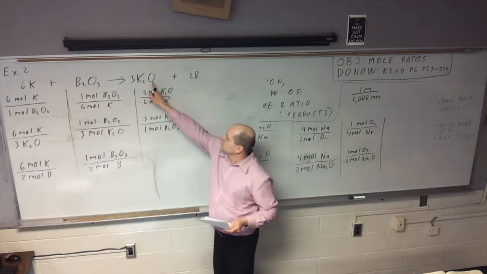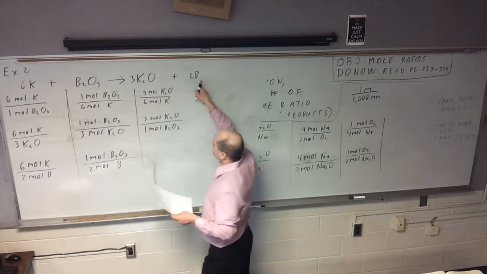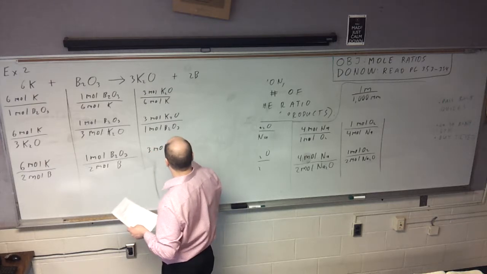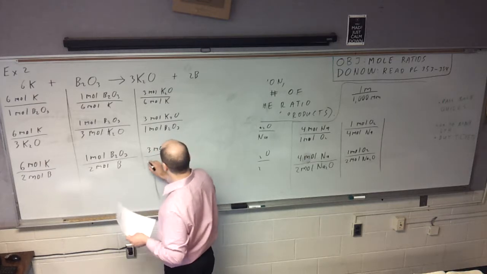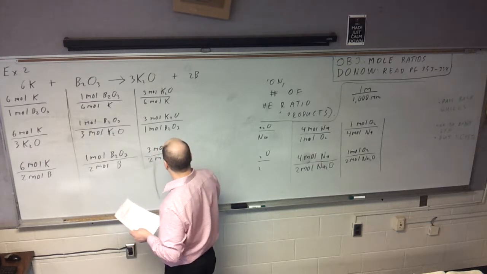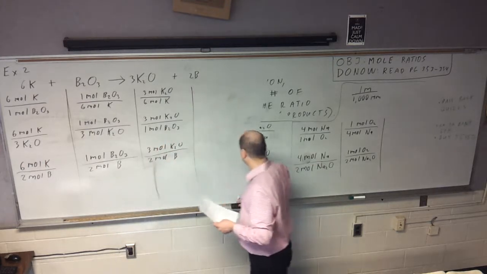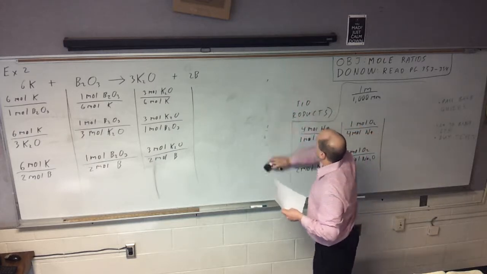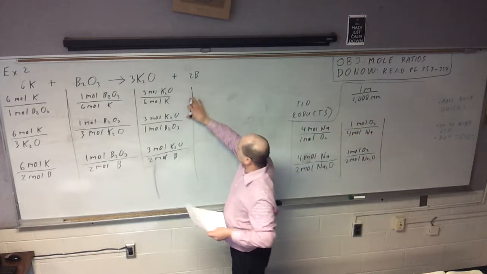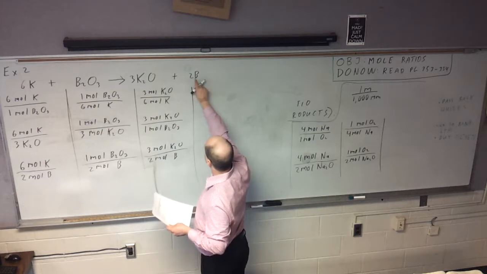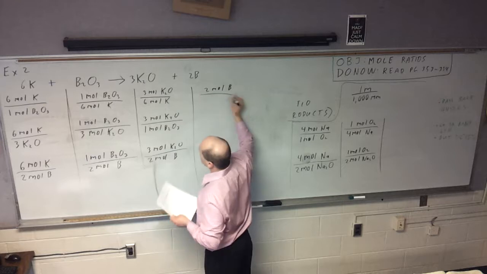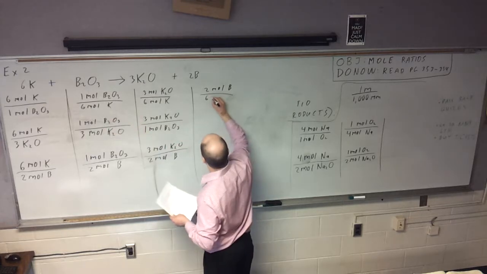And finally, potassium oxide to boron ratio. 3 moles of K2O over 2 moles of boron. And so we do the ratios for all 4 of these. So now the last one is boron. So 2 moles of boron over 6 moles of potassium.